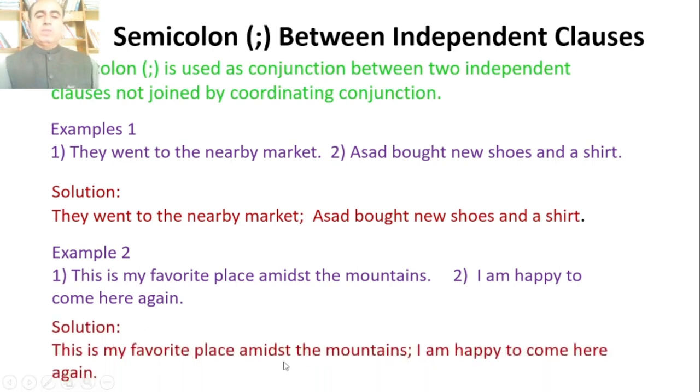This is my favorite place amidst the mountains; I am happy to come here again. Because they are mutually connected, you see how we have connected them by replacing the full stop with a semicolon. So easy to do. So this is our first case, between two independent clauses.